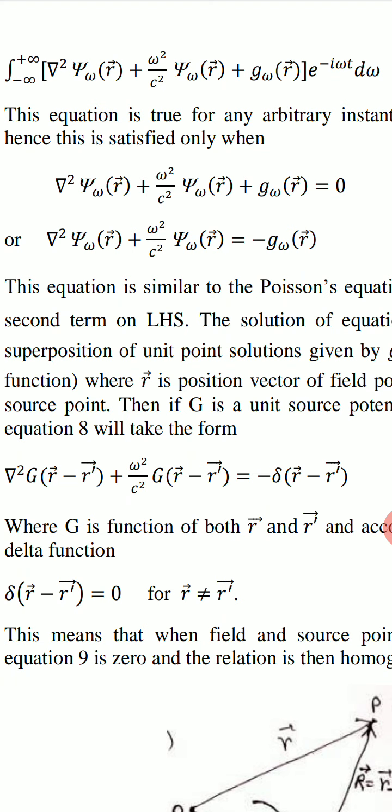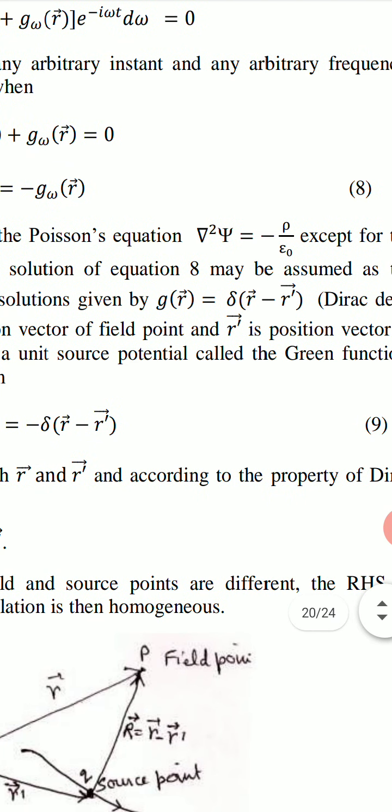So we get this equation: del square psi omega r plus omega square upon c square psi omega r plus g omega r equal to 0, or del square psi omega r plus omega square upon c square psi omega r equal to minus g omega r. This equation we write as equation 8.